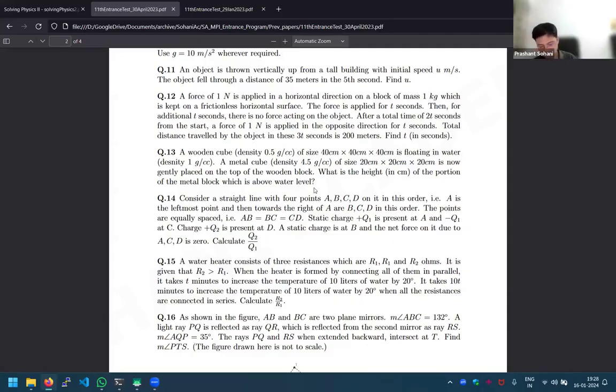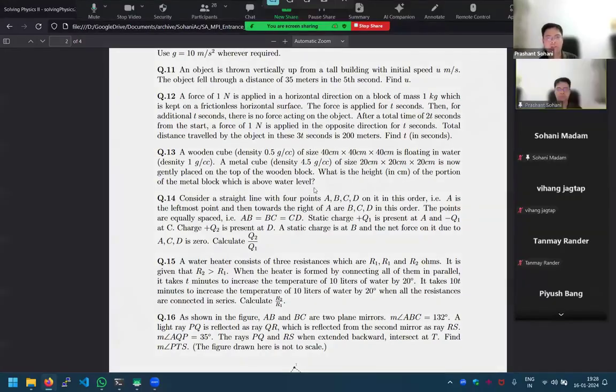What is given this time is that there is a wooden cube, which means it is lighter than water.